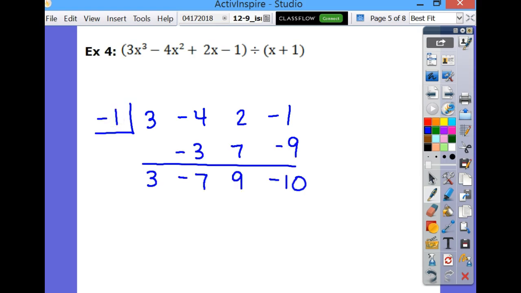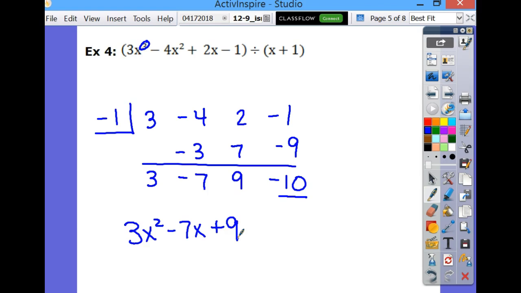When you divide, that's what you get, but this is not a remainder of 0. That means it didn't divide evenly, but what is the answer? This goes down by a power of 1, 3x squared minus 7x plus 9 with a remainder of 10.